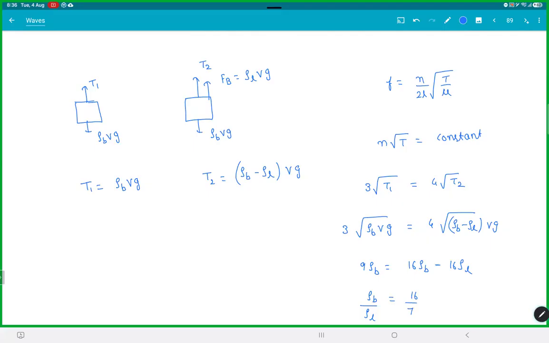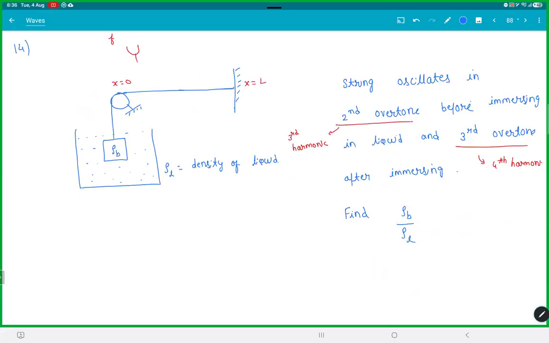So that is easy. You just have to use the buoyant force, get the tension, and put it in the formula there. Any doubts on this? Straightforward, simple equation. You should know your formula for sonometer and you should know about buoyant force.